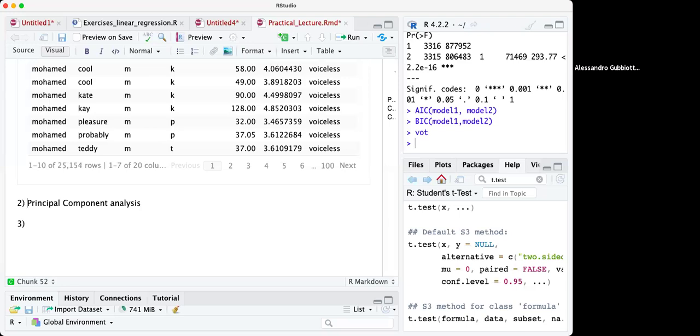So when you have a dataset, for instance, you can define a lot of variables, but maybe you want to not consider all of them, but only a subclass of them, and this algorithm chooses in some sense the best ones.